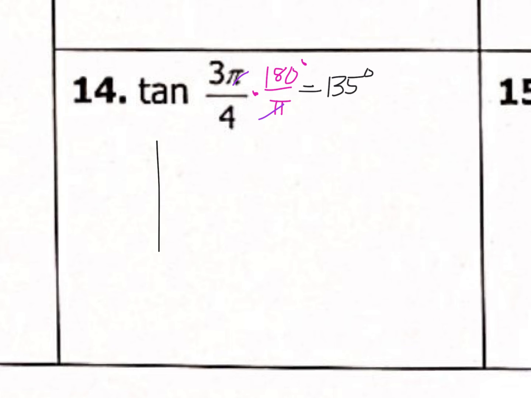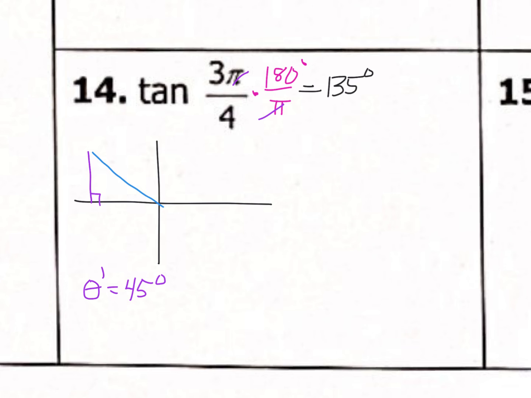So a 135 degree angle is in quadrant 2. So that angle from here to here, 135 degrees. We're going to bring that down to the x-axis to create our right triangle. So theta prime, which is of course right here, is the difference between 135 and 180. So the difference between 135 and 180 is 45 degrees.